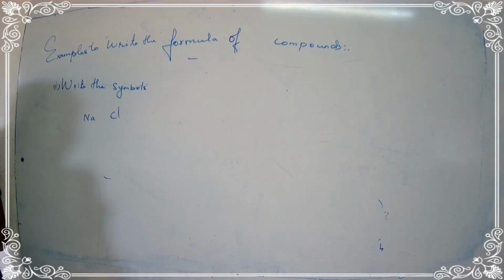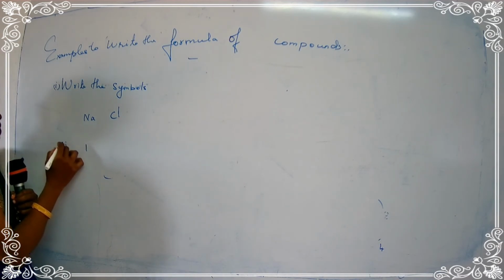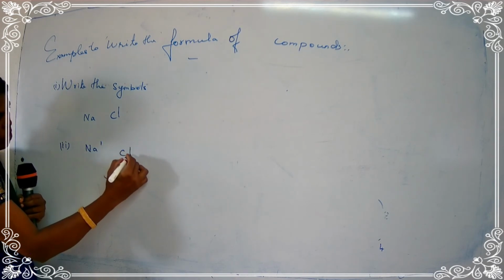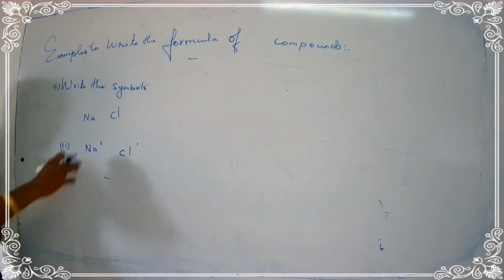Then second, write the valency of each one. The sodium, as superscript. Okay, children, subscript we write here, superscript we write there, because that is mass number. This is atomic number.